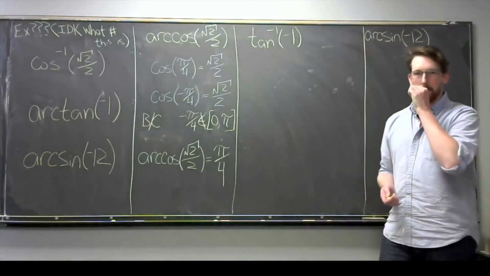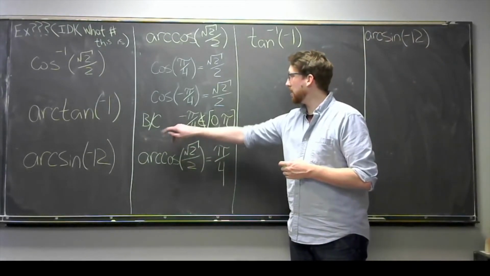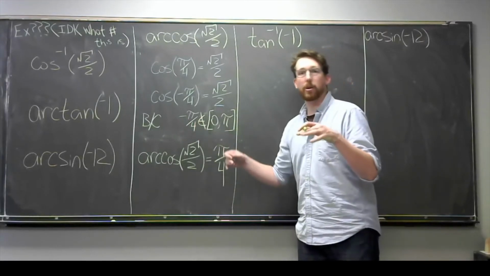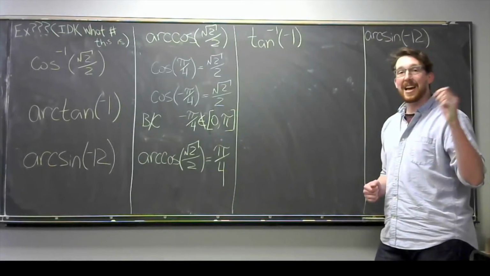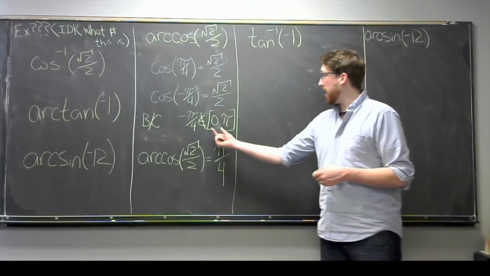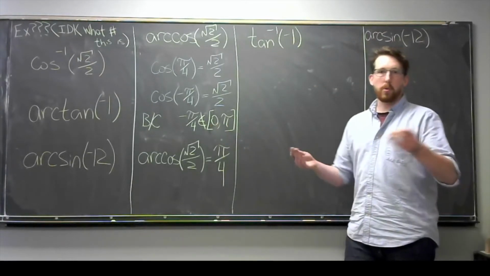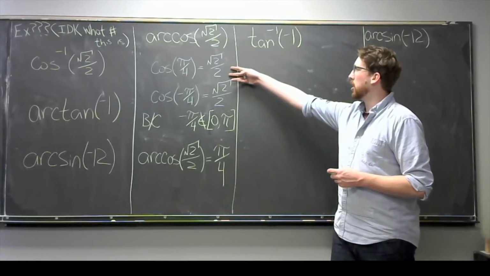All right, so really quickly some notation. All I'm saying here is because negative pi over 4 is not in, that's what this funny looking E with a line through it means, is not in the interval from 0 to pi. So all we're really saying is we have two possible choices.